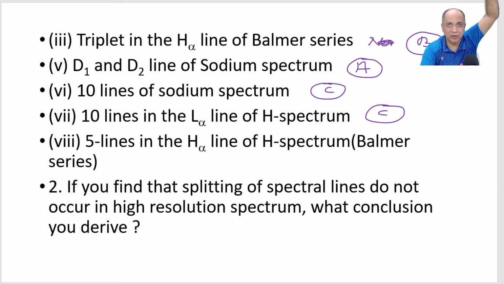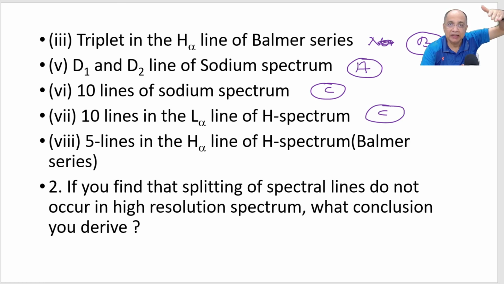D plus minus half, that is 5 by 2 and 3 by 2. And also there will be 3p plus 3 by 2 plus half. So 3 by 2, 3 by 2, they are degenerate. So 3D, 3 by 2 and 3p, 3 by 2, they belong to the same quantum states.